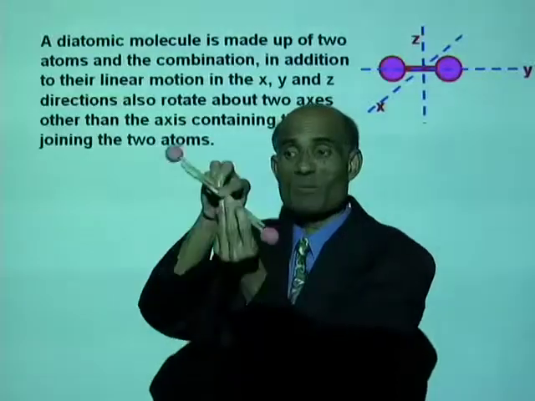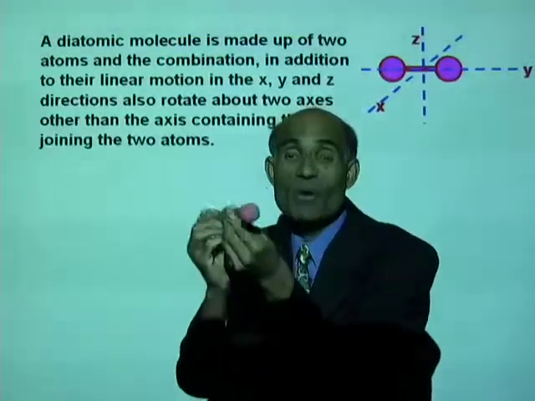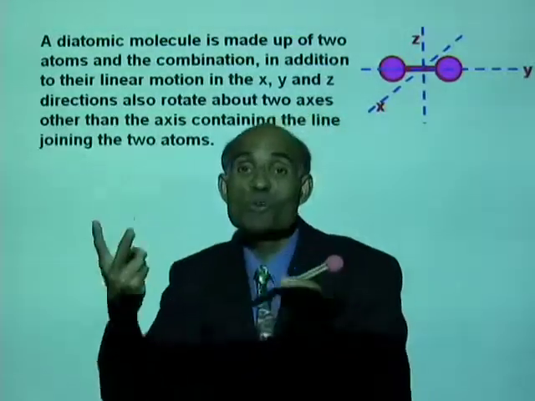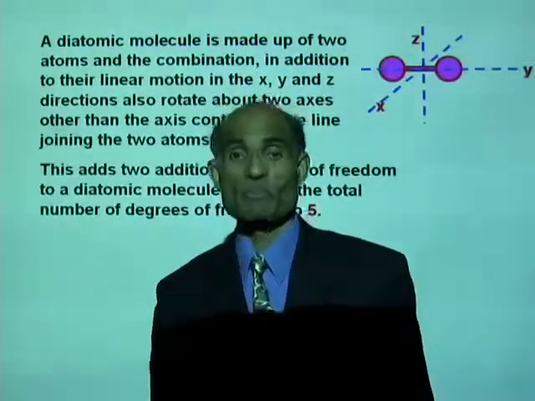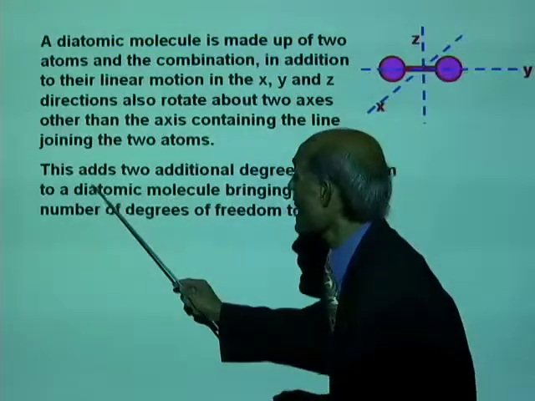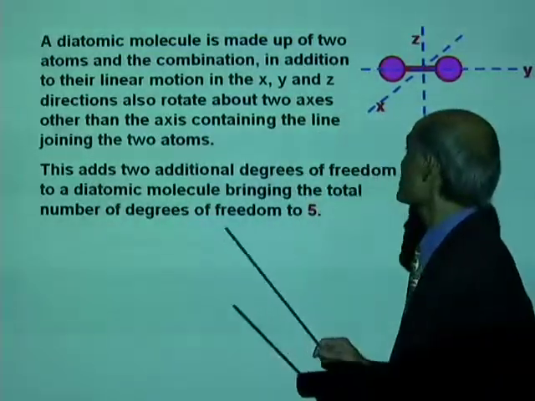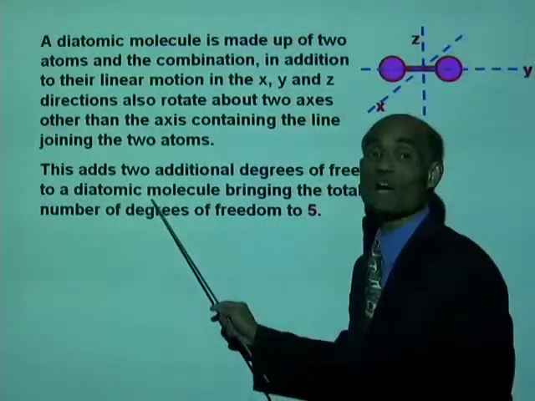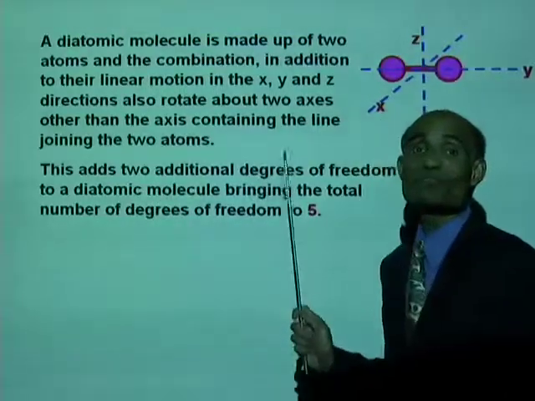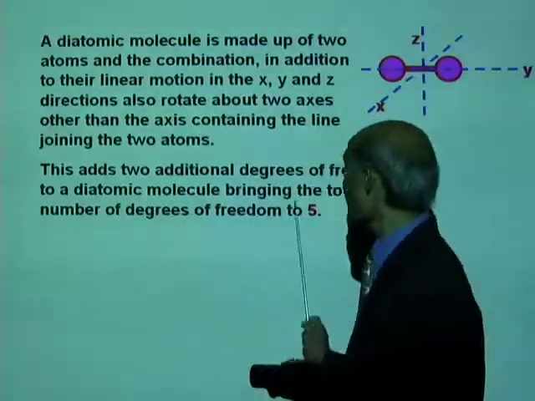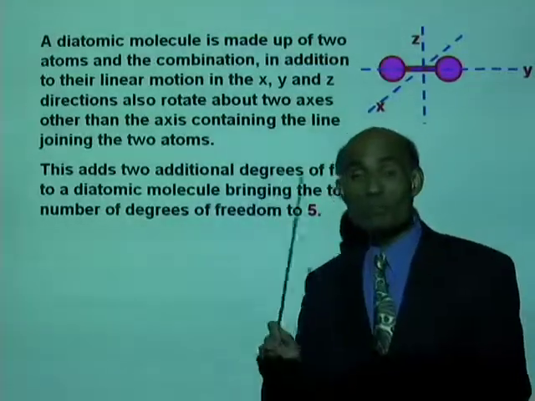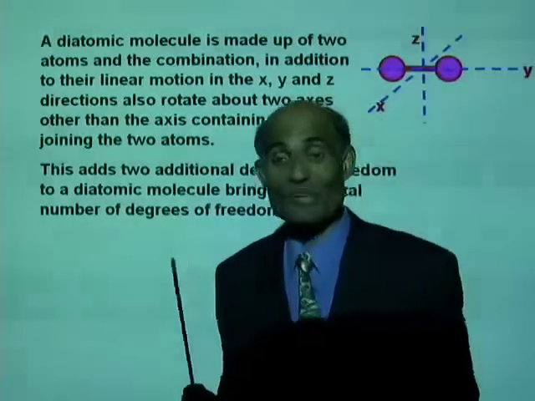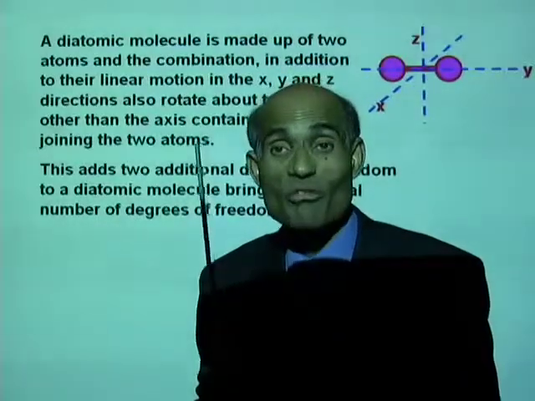So, a diatomic molecule now gets 2 additional degrees of freedom, bringing the total number of degrees of freedom to 5. So, the number of degrees of freedom of a diatomic molecule is now 5.